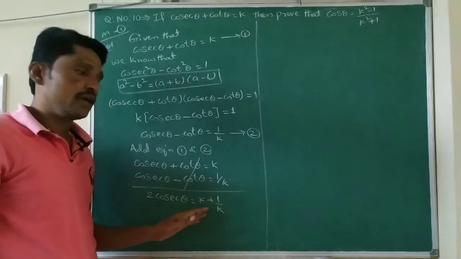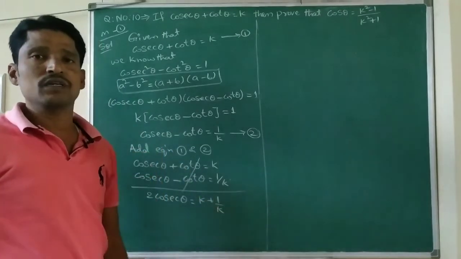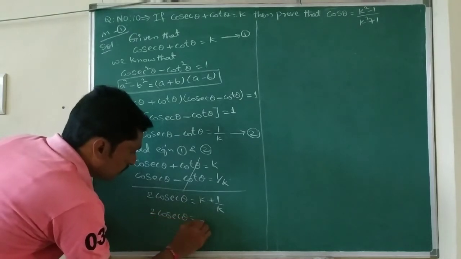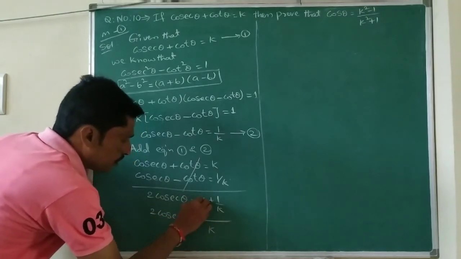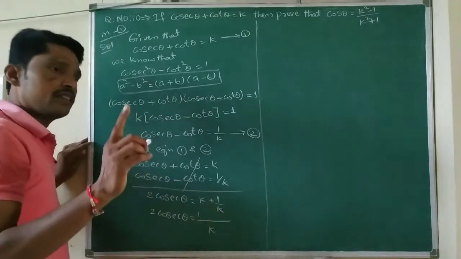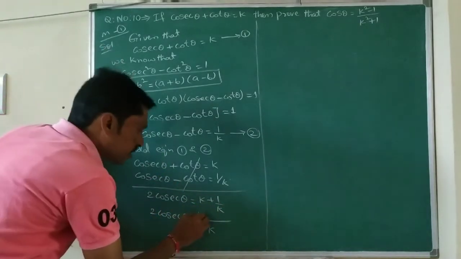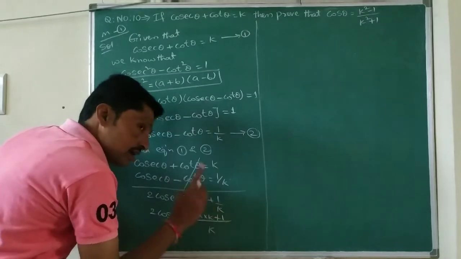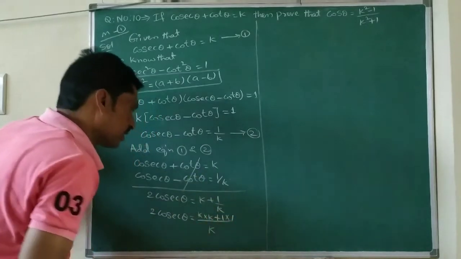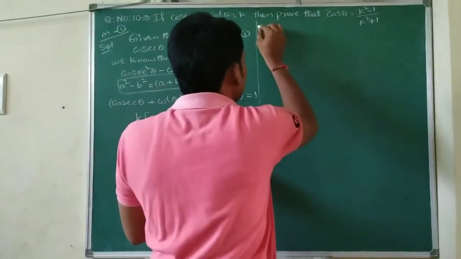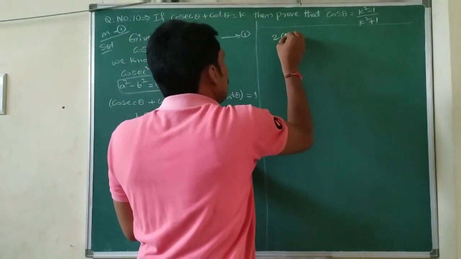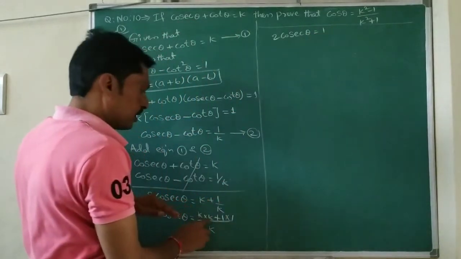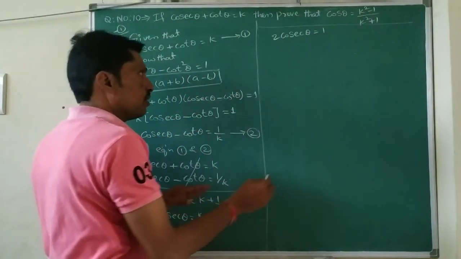So here k is an integer type, this is the fraction type. Fraction means we need to take the LCM. So 2 cosec theta equals, k is the LCM, k into k, plus 1 into 1.